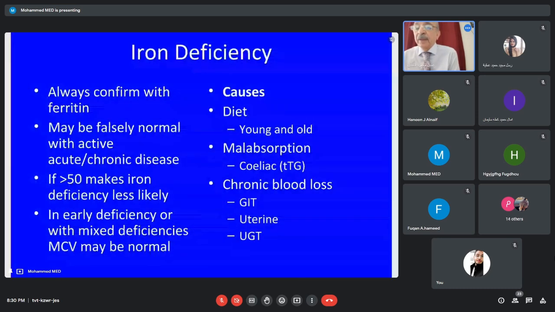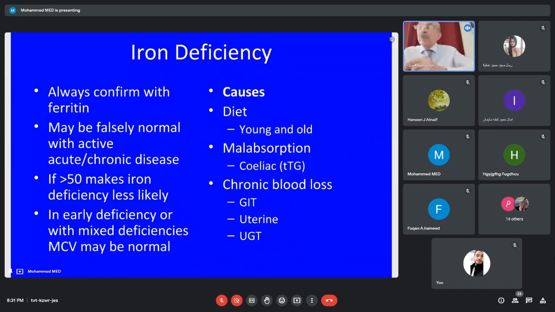Yes. Okay. Folate is absorbed in the same place, again in the duodenum and jejunum. Iron deficiency causes microcytosis. Folic acid deficiency causes macrocytic anemia.